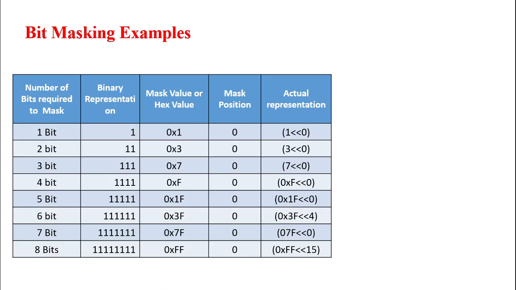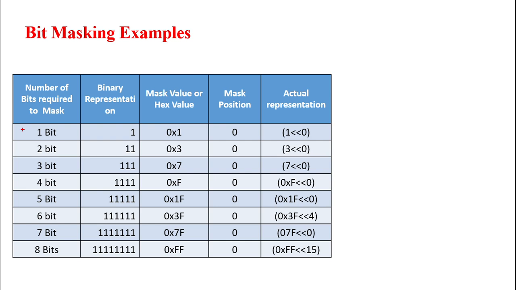So now I have a table here. The first column says the number of bits required to mask and its binary representation, then the mask value or hex value, the mask position, and then the actual representation.